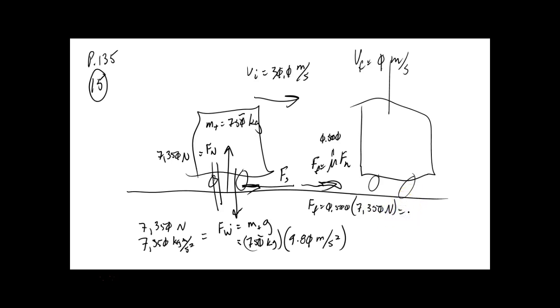And that will be exactly half that, which is 3,675 newtons. Except that's too many digits, but we're going to hang on to them for now. That's the force due to friction. Okay?